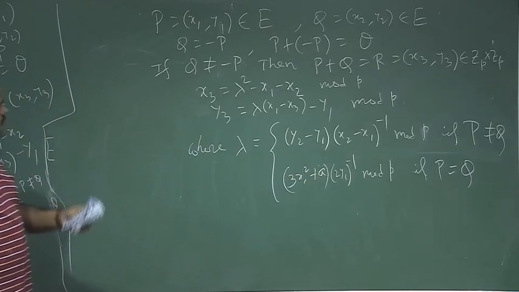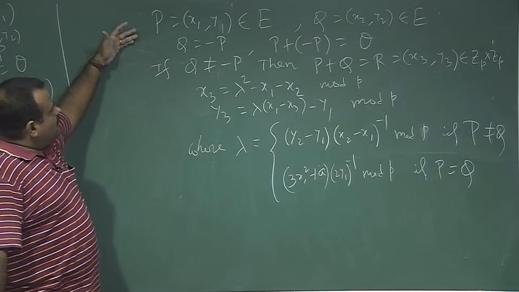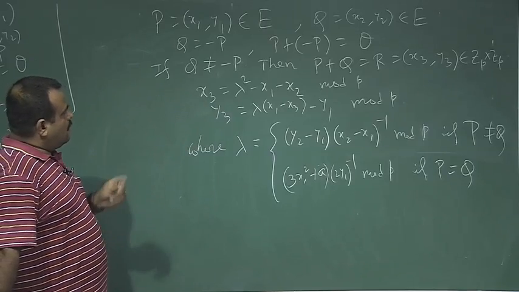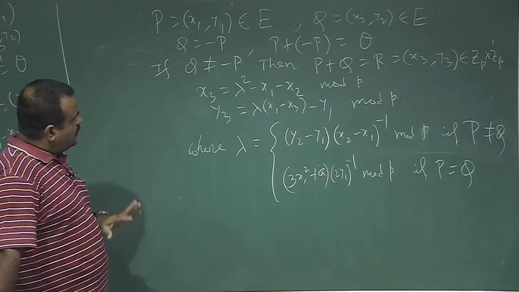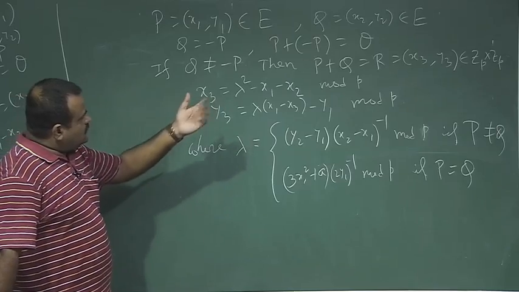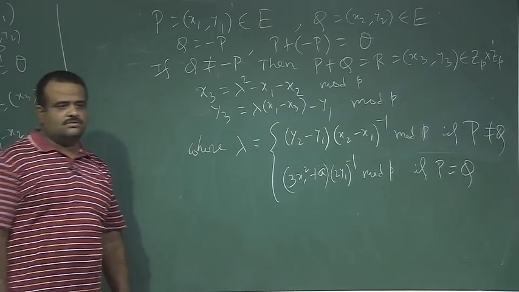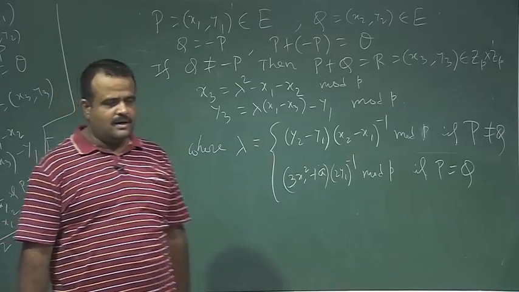This is the formula we have to use to find the addition of points P and Q. Okay. So, this is how we define the addition of two elliptic curve points over Zp.